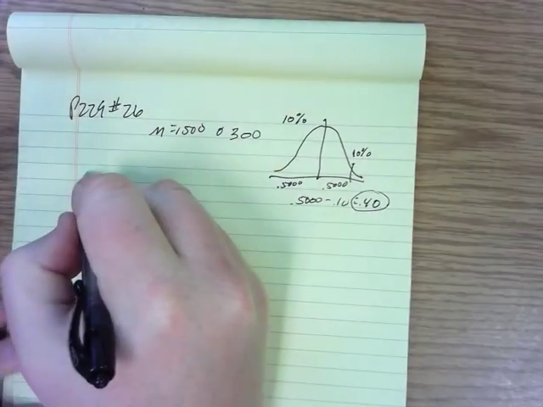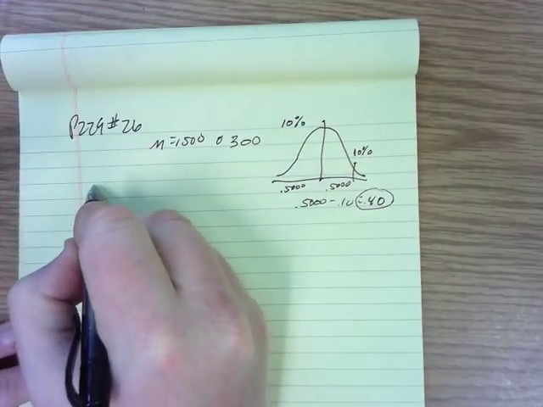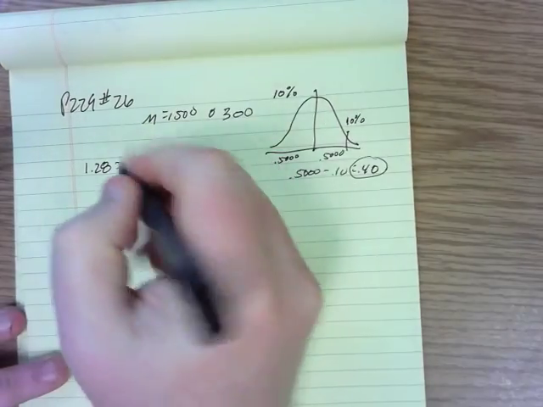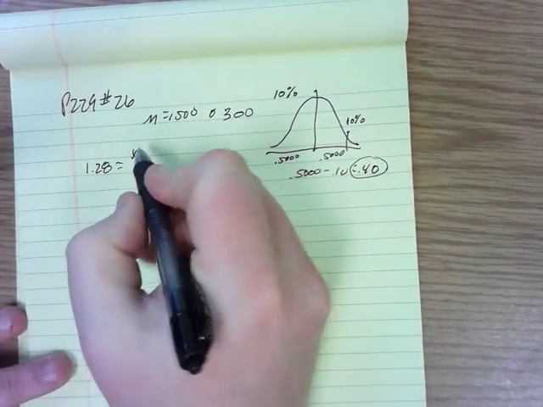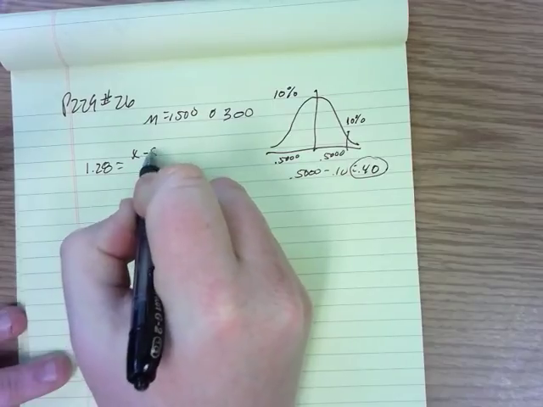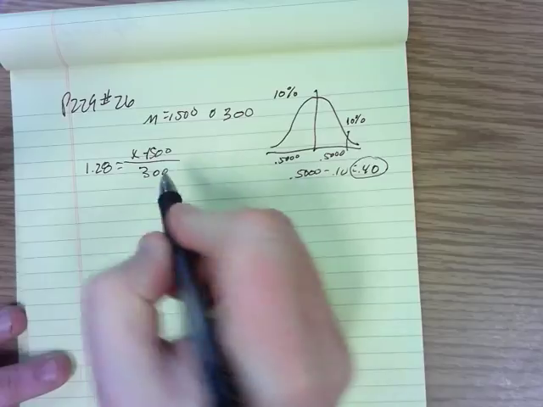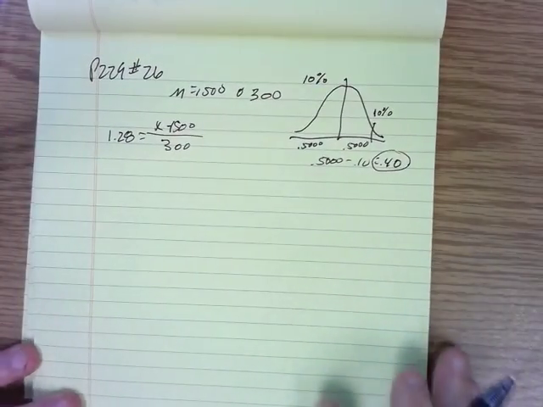So we know Z, which is equal to 1.28, is equal to X, which is what we're trying to solve for, minus 1,500, over our standard deviation of 300.